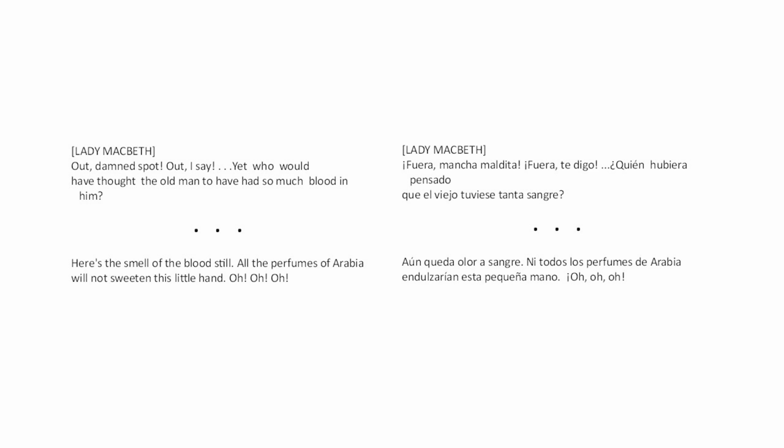That's the voice of a queen, isn't it? Making demands. "Yet who would have thought the old man to have had so much blood in him? Here's the smell of blood still. All the perfumes of Arabia will not sweeten this little hand." And as she returns to bed, she repeats, "What's done cannot be undone."